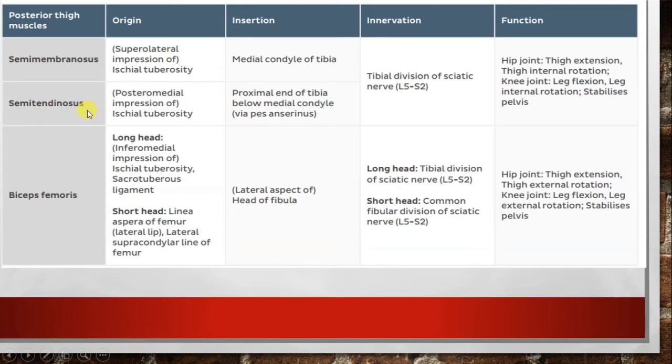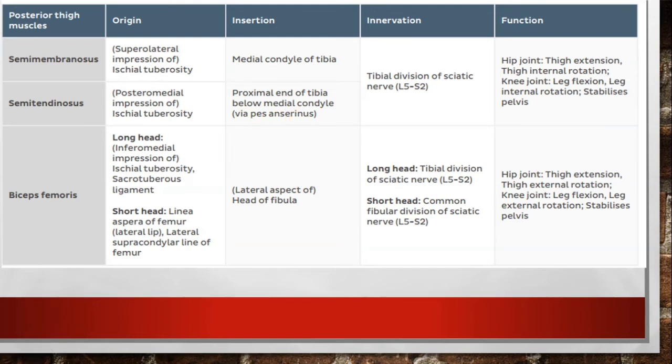Semitendinosus is called semitendinosus because it's half muscle and half of it is the tendon part. So it arises from the ischial tuberosity and attaches towards the proximal end of the tibia below the medial condyle via pes anserinus.